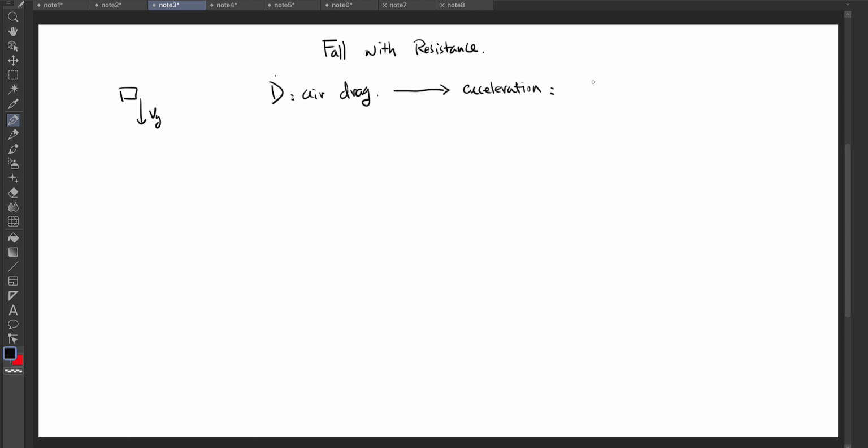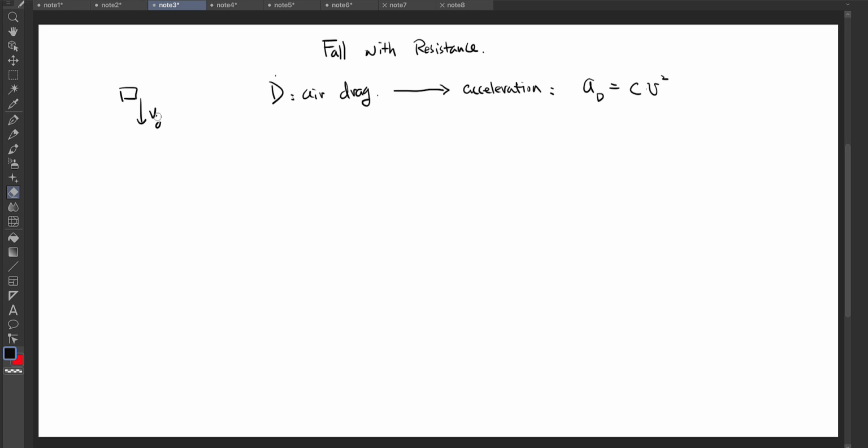For this object, let's call it a_D equals a constant c times the velocity squared. So velocity refers to this velocity. Okay, so I'm going to change the axis here. I'm going to call it the x-axis.